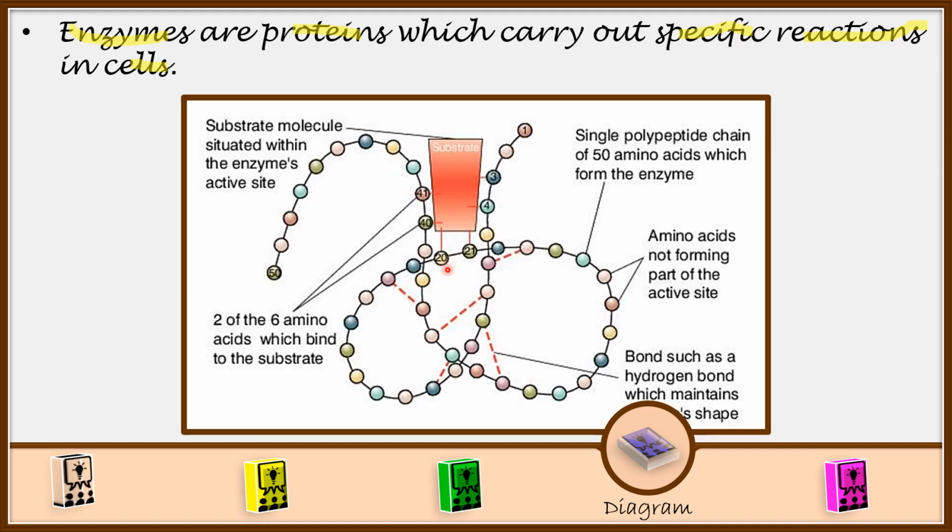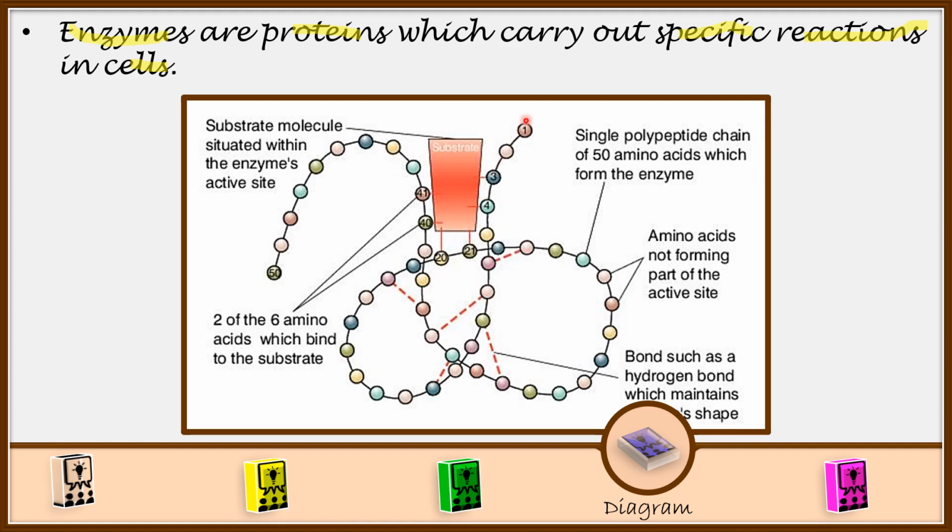Then there is 20, 21, and then we have 3 and 4. Amino acids 3, 4, 21, 20, and then we have 40 and 41. They are the ones that form the active site, or the amino acids which bind on the substrate.